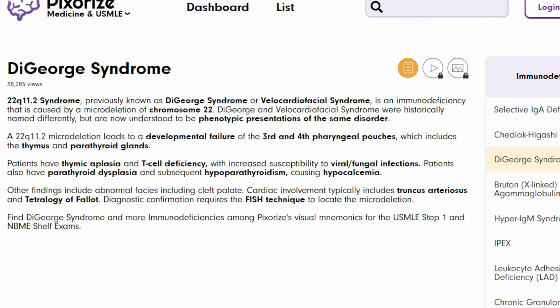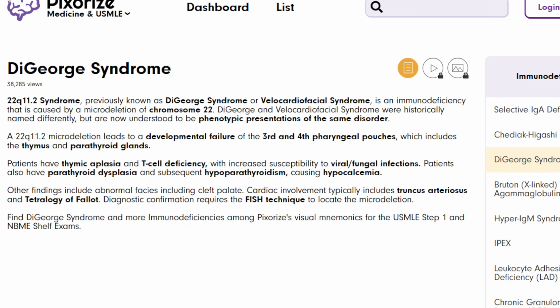DiGeorge or velocardiofacial syndrome were historically named differently, but are now understood to be phenotypic presentations of the same disorder.